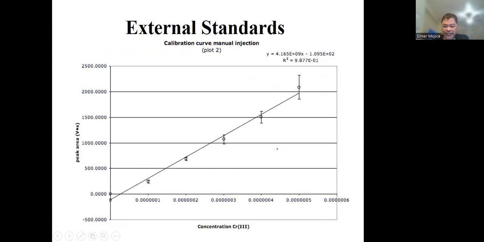So if your data falls here, you cannot extrapolate. What will you do? How do you solve it? You dilute that. Okay?